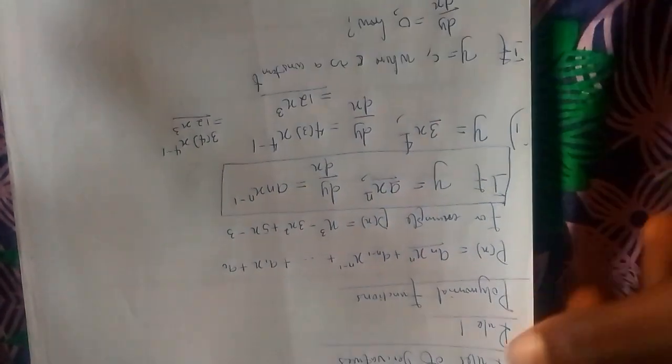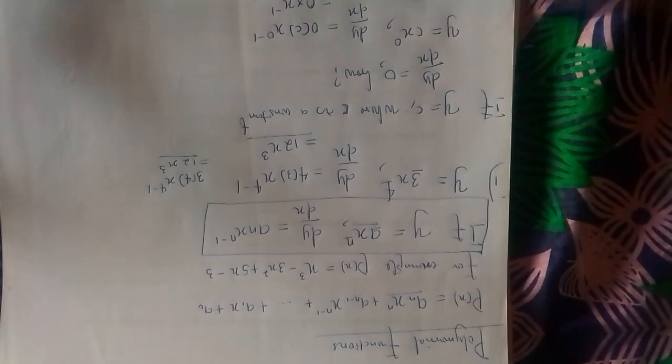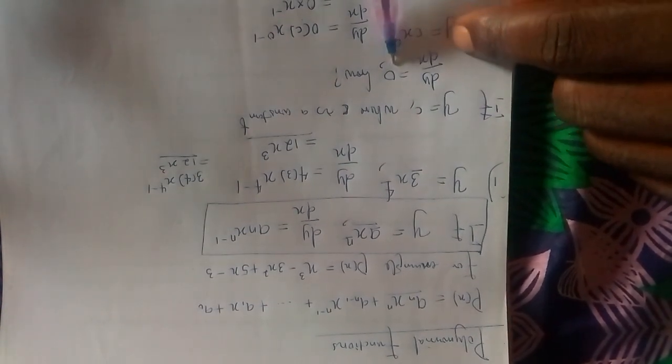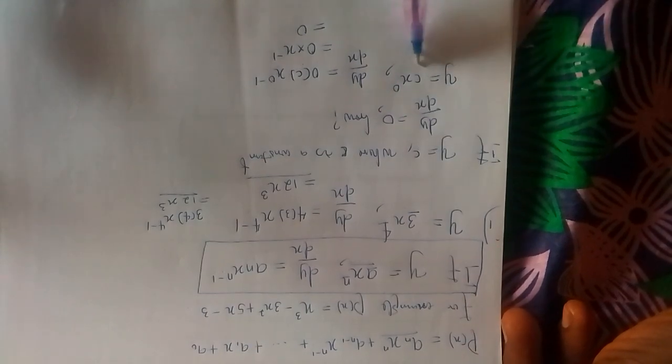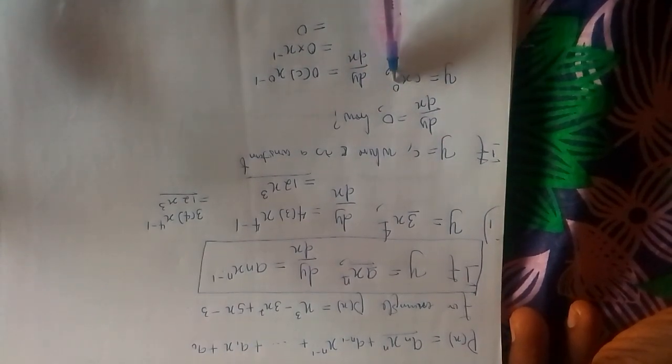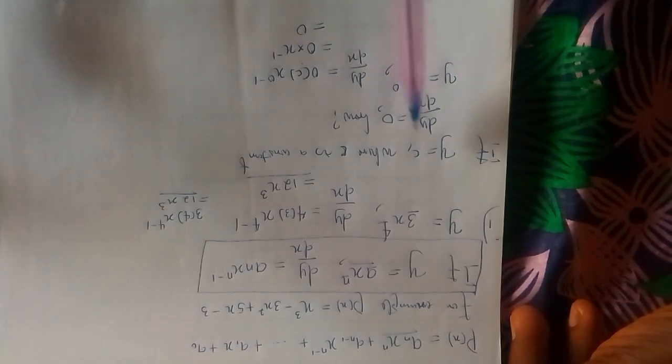Now, another thing I would like us to quickly consider is, what if we have a constant, y equals c, where c is a constant? The derivative of a constant is equal to 0, but how is it equal to 0? We know that this c can be written as c x to the power 0. Why? Because x to the power 0 is the same thing as 1, and 1 times c gives us back c.